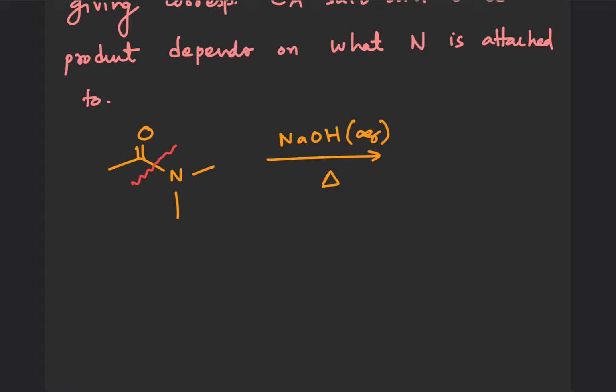This part will give us the corresponding carboxylic acid salt, and this part will give us the other product. So one product is the carboxylic acid salt, and the other is N connected to the respective groups, and one H will be connected to this N. This is the other side product.